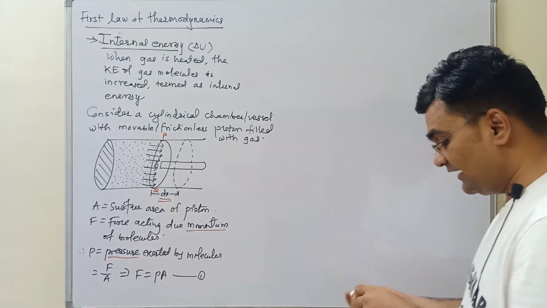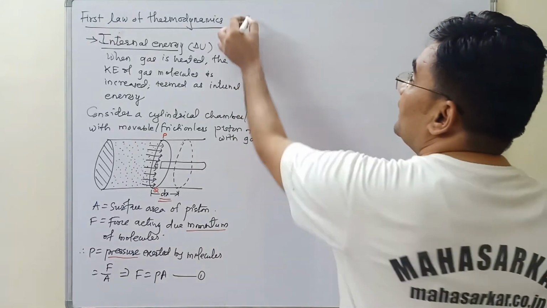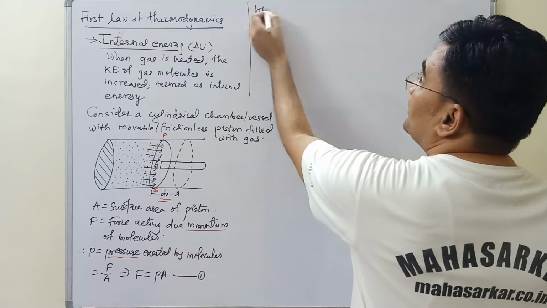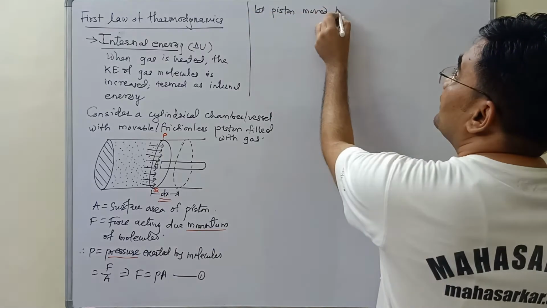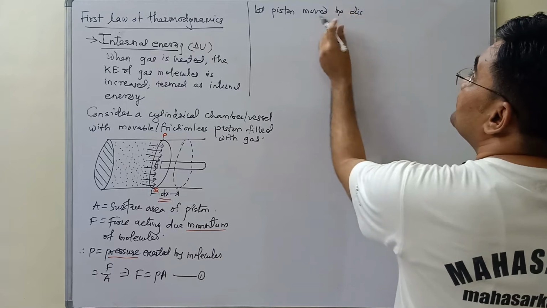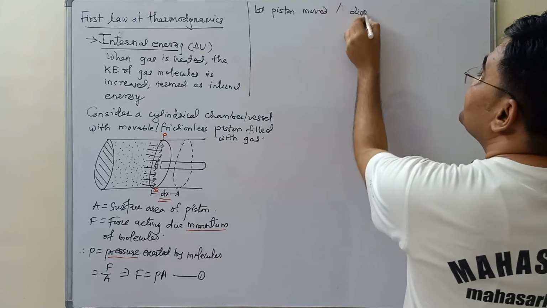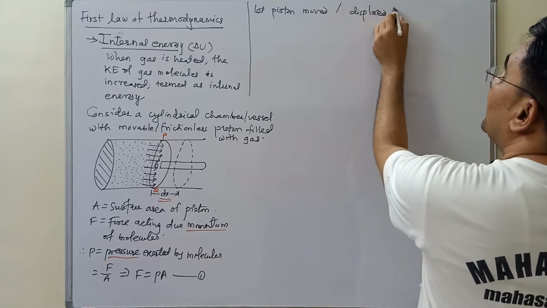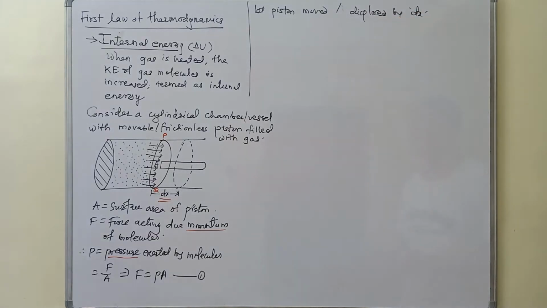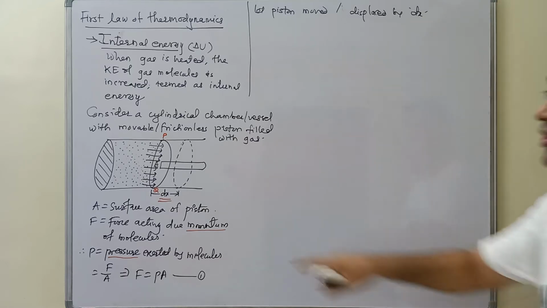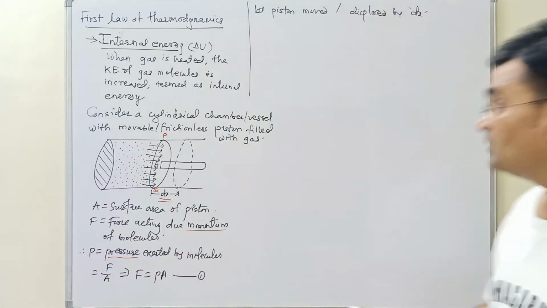So I will say let the piston be displaced by a small distance dx. Then if dx is the displacement, F must be the force acting on that piston.